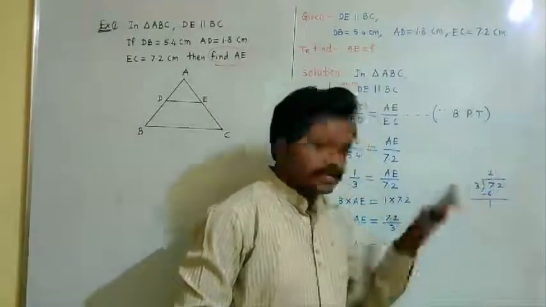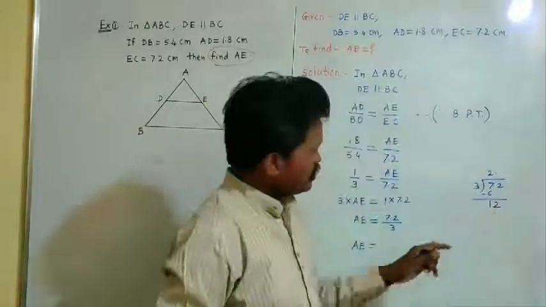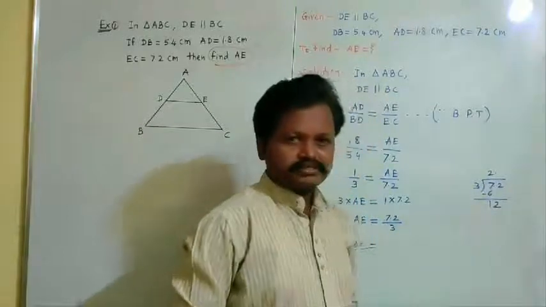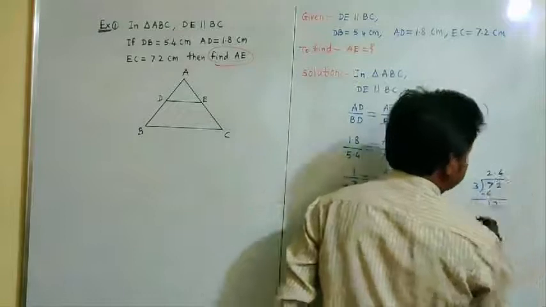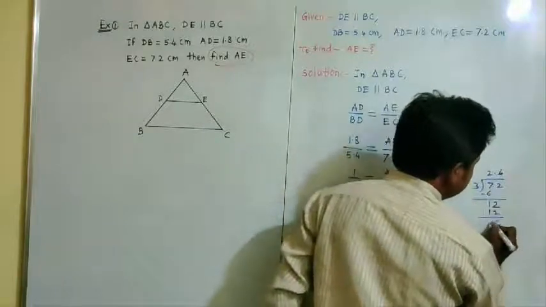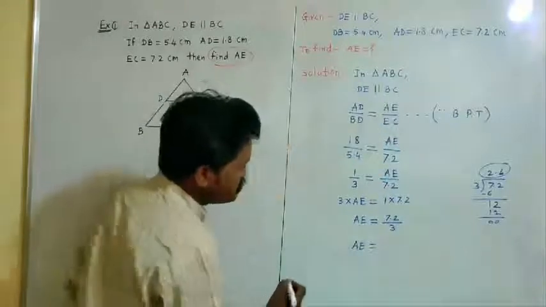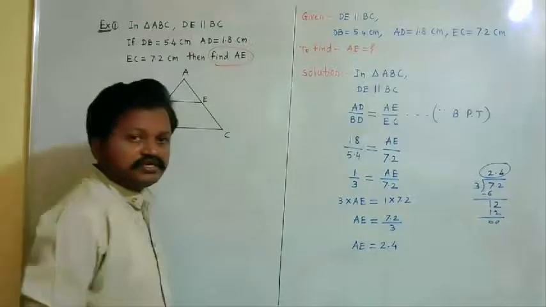And write the next number, 2. It becomes 12. Now you divide 12 by 3. 3 fours 12, so I write 4. That is 12, you get 0. So your answer is 2.4. That is the value of AE.